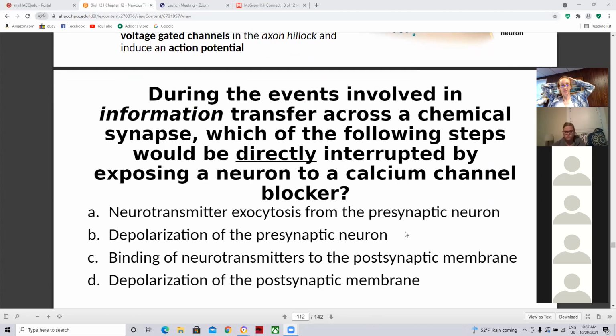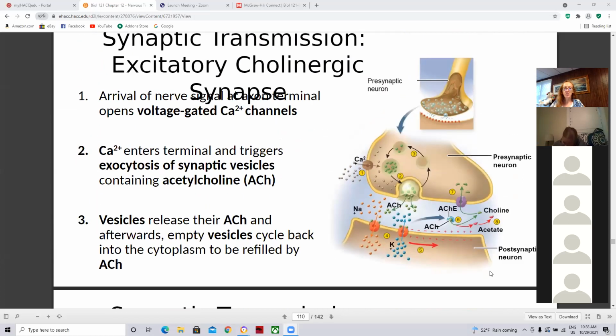During the events involved in the information transfer across a chemical synapse, which of the following steps would be directly interrupted by exposing a neuron to a calcium channel blocker? Guys, where does calcium act on this?